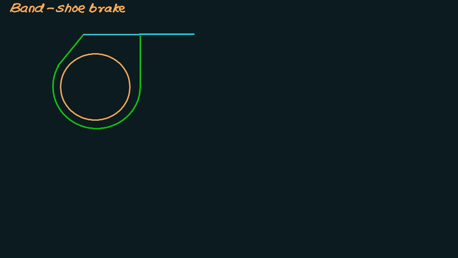The third type of band brake is the band shoe brake. It consists of shoe plus band. I will just explain this with the help of a figure. So this one is a drum and this one is a band. We have a fulcrum here, and the external force is applied in upward direction. In between the band and the drum, we have band shoes like this.